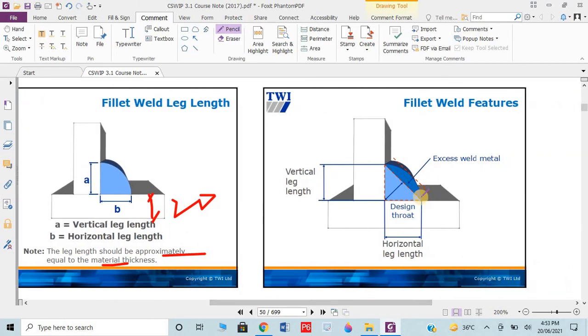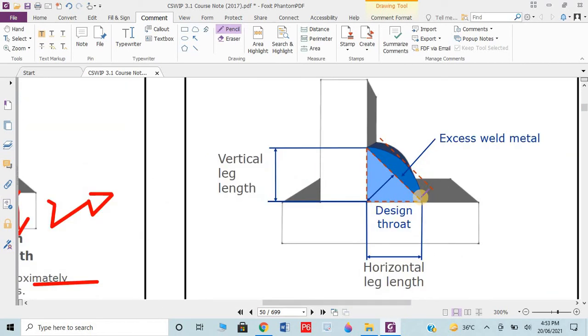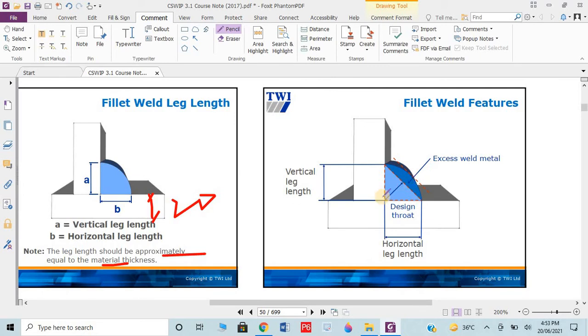Then we have throat thickness. From the root to the central portion of the welding, where the welding is maximum, is known as throat thickness. This is the throat. You can see the red dotted line is the design throat thickness, as I already explained to you. And because the welding is actually up to here, this is excessive weld metal.